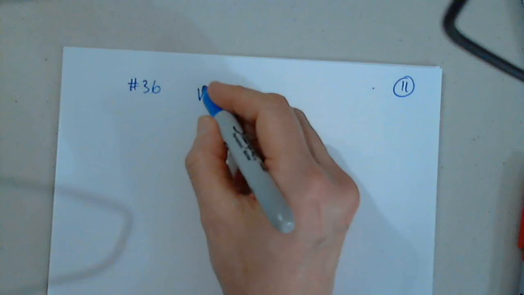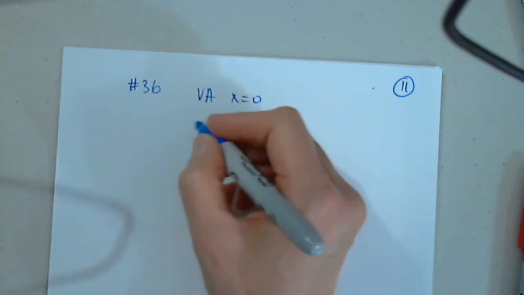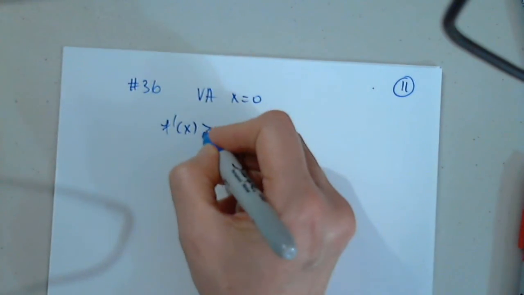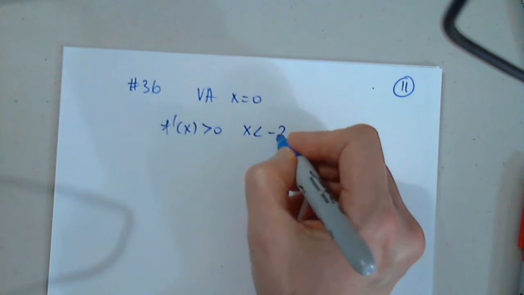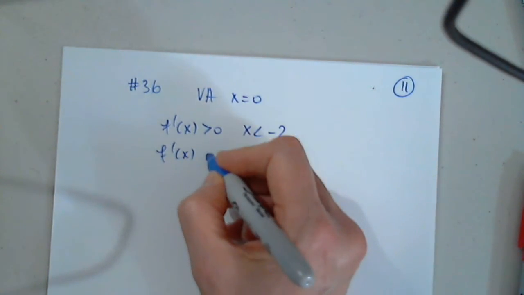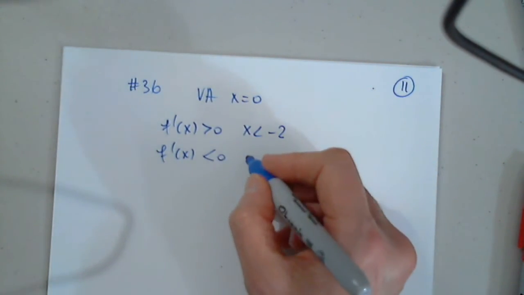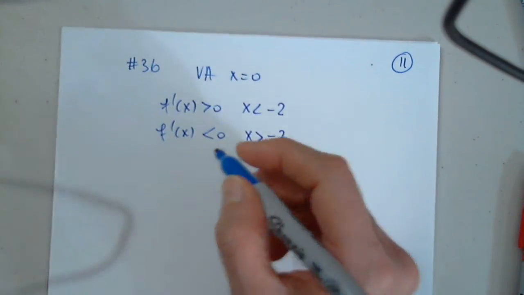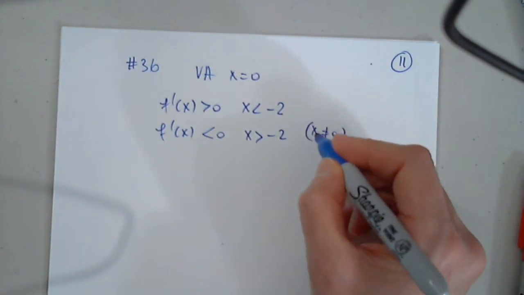A vertical asymptote at x equals 0. F prime of x is positive for x less than -2. F prime of x is negative for x greater than -2, of course not equal 0.